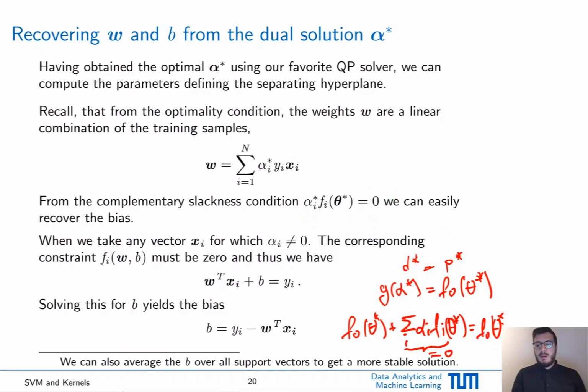There are actually other conditions called the KKT conditions, which have to hold for these kinds of optimization problems and which we can leverage, but we're not going to discuss them in more detail. Going back, because of this discussion this condition has to hold, and the only way this product is 0 is if either alpha i is 0, or this other term is 0, or both of them are 0.